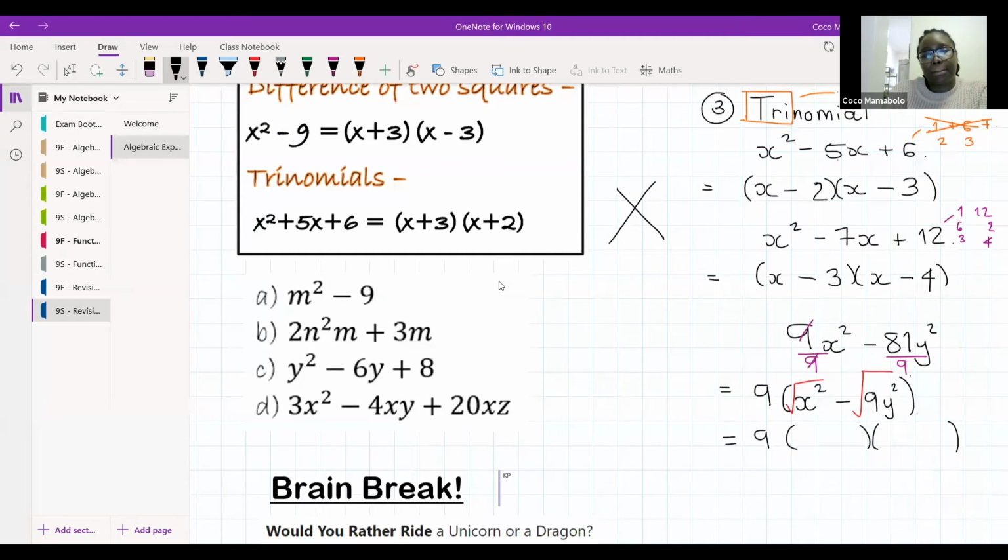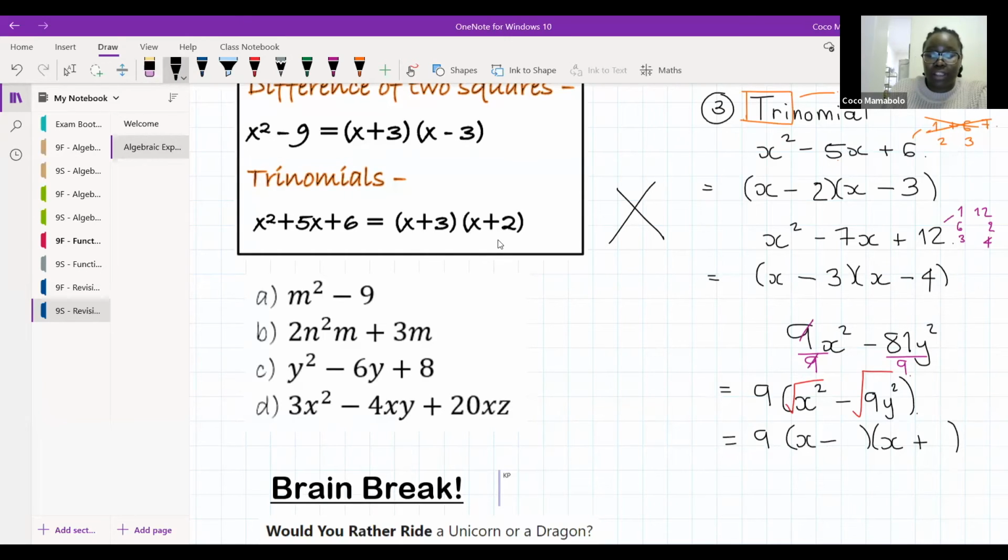You start with x, since it's the first one, so you put x in the other one too. What about my signs? A minus and a plus. Good, a minus and a plus.